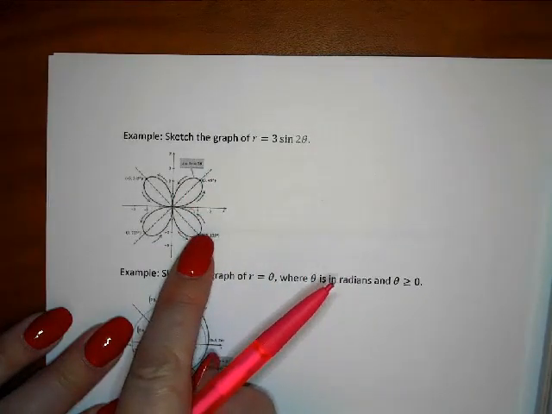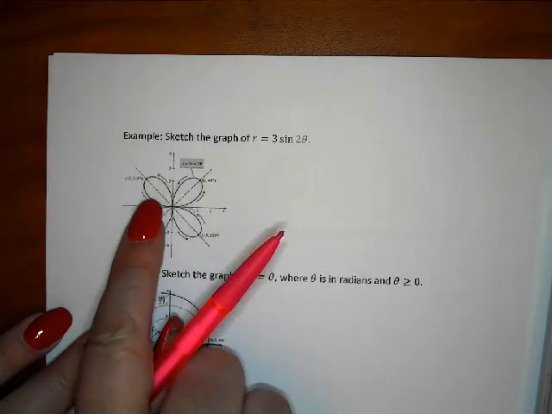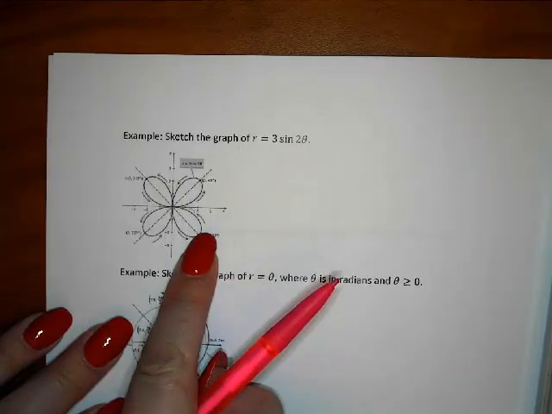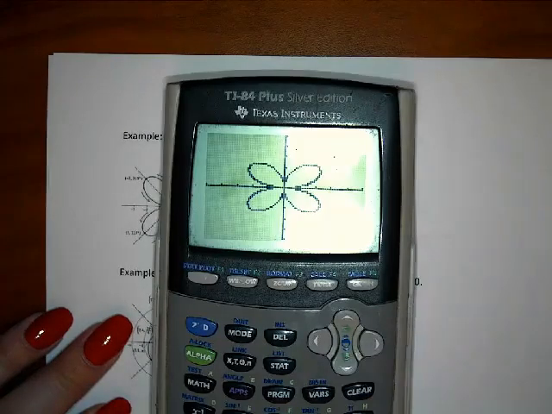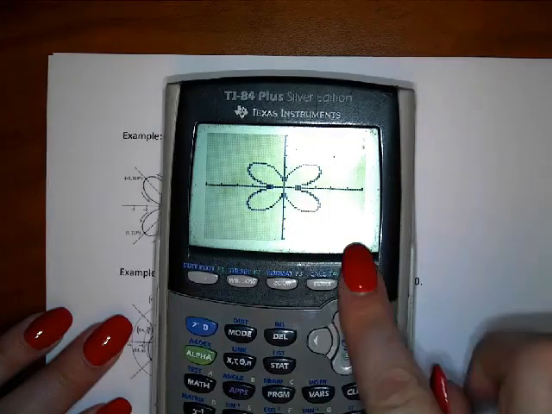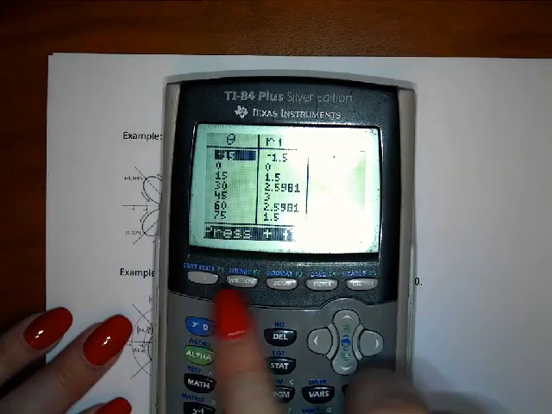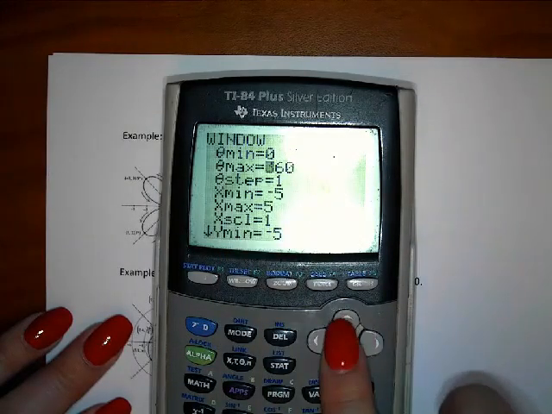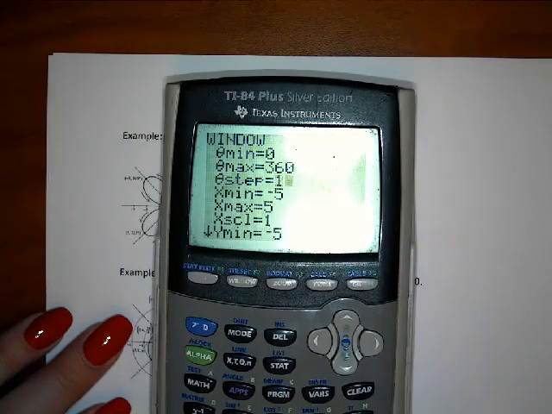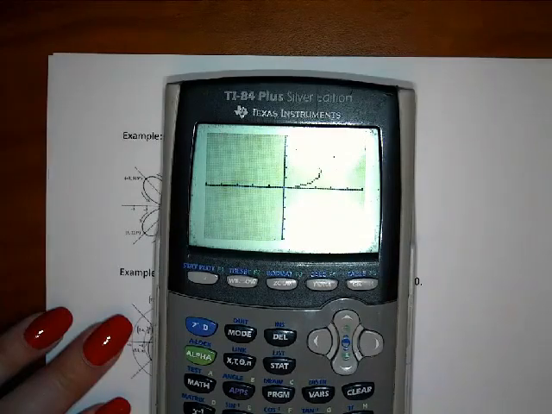Anyway, it's something interesting to look at. But as you're graphing these, you can look at the table to get specific points to graph. And you can also remember, and here you can change the theta step. We can do like a 1 or a 2. And then as it's graphing, you can press enter to pause it if you wanted to know what order it was graphed in.